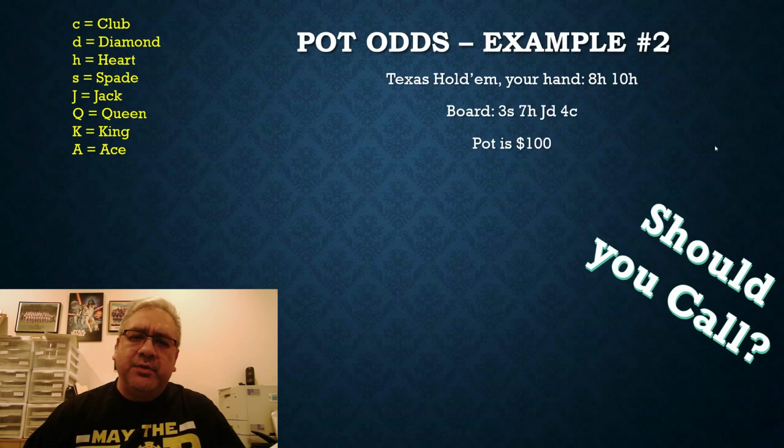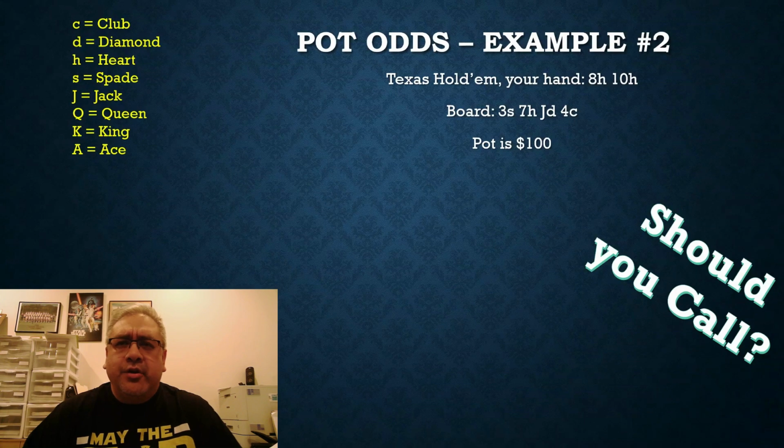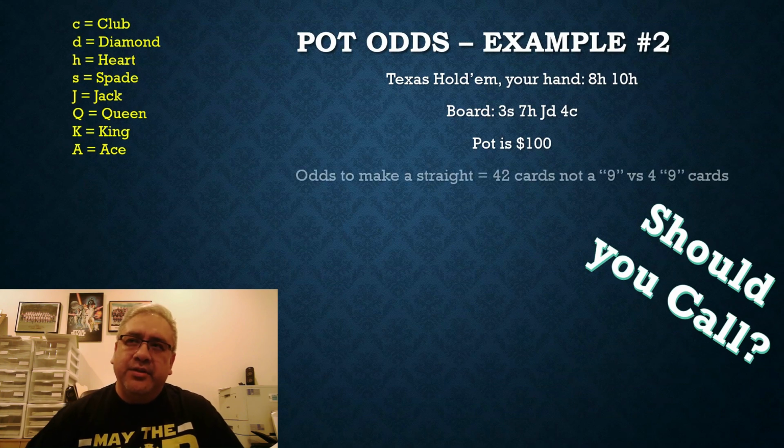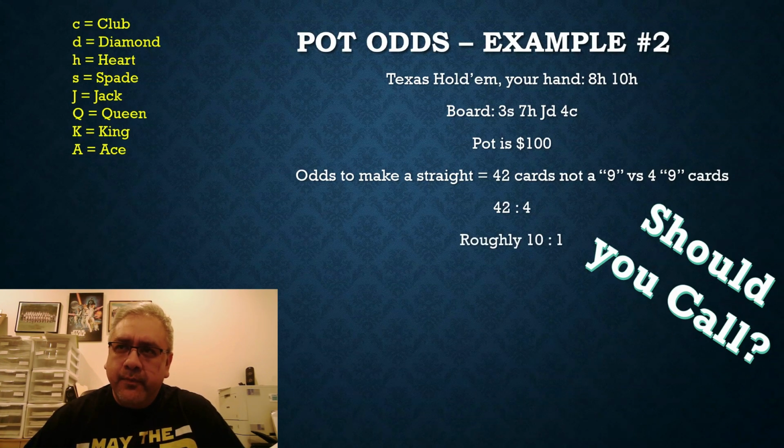Okay, so let's take another example for pot odds. Texas Hold'em again. You're holding 8 of hearts, 10 of hearts, and you're drawing to an inside straight draw. In this scenario, you need a 9 to complete your straight. You've got a pot of $100. Odds to make your straight: you've got 42 cards that don't help you, 4 cards that do help you, giving you 42 to 4 odds.